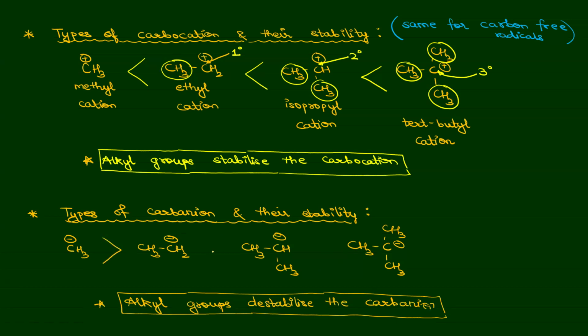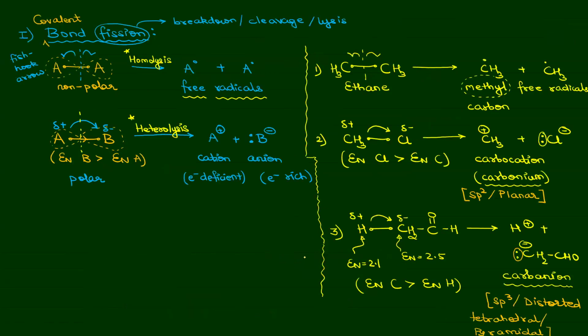So the order of stability in decreasing order is now methyl, primary, secondary, and tertiary. That is the relative comparison of the stability of the intermediates for organic reactions. So to sum up, this was the first fundamental concept, important to understand bond fission and their intermediates.